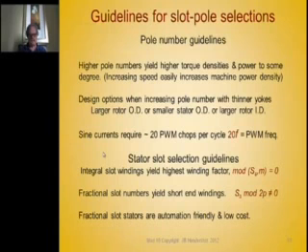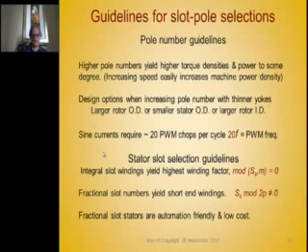The stator slot selection guidelines, first of all, as we said, you want the highest winding factor. So if possible, integral slot windings give you the highest winding factor.